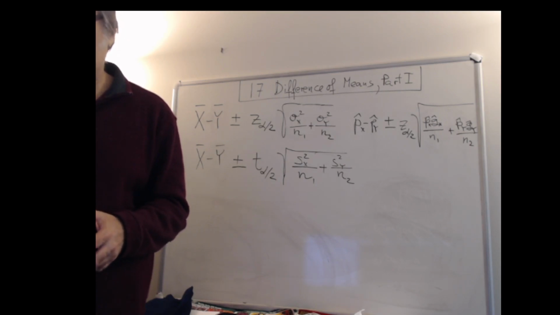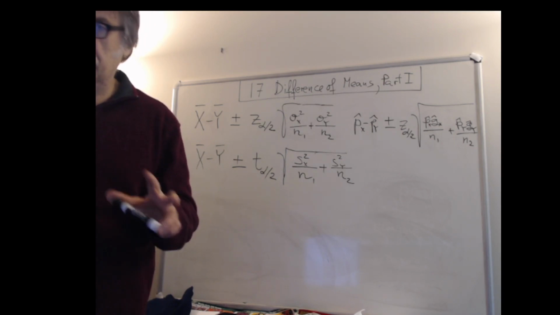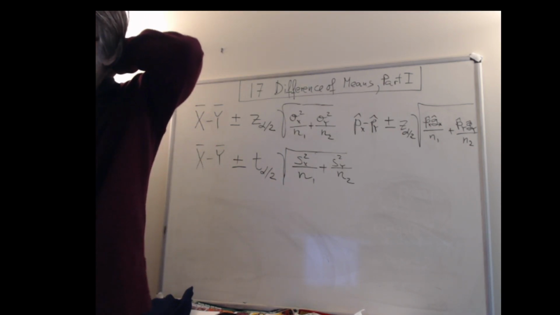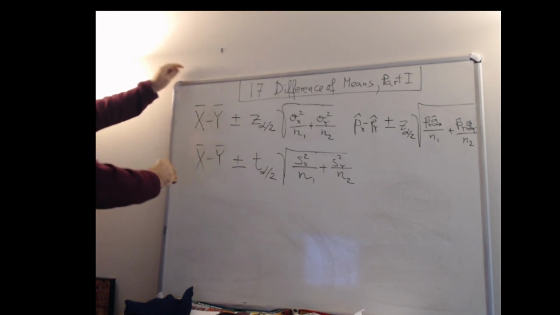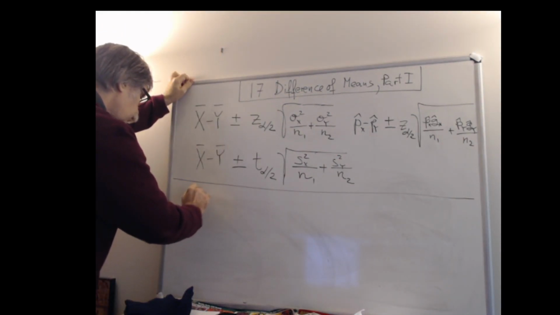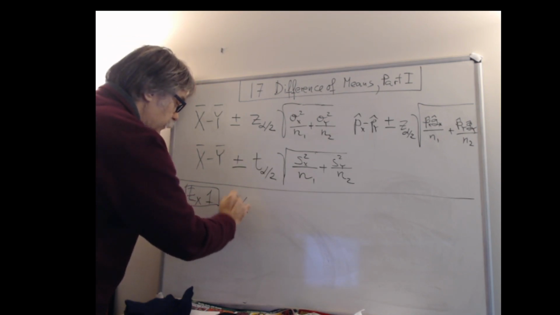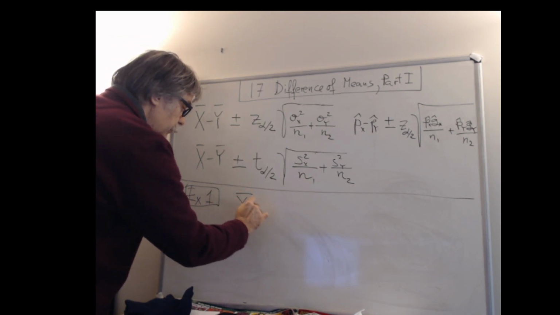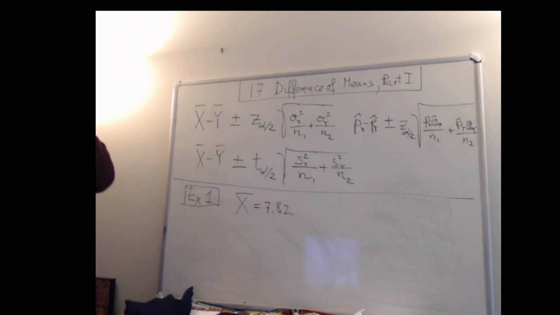7.82 hours. So on average, the 50 of them, after taking that pill, were sleeping 7.82 hours. Which means the first group was sleeping on average this many hours.